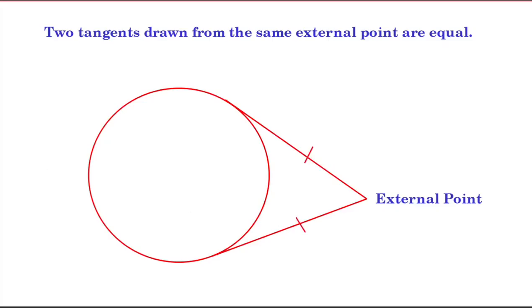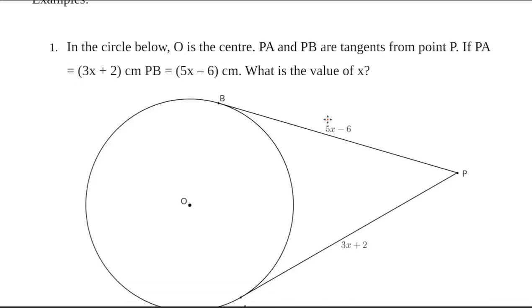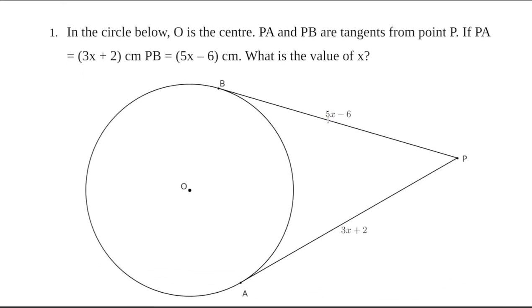Now, let's check a few examples on this theorem, or rather property. Now, there are our examples. The first example is saying, in the circle below, O is the center, PA and PB are tangents from point P. Now, if PA is equal to 3x plus 2, this is your PA here.